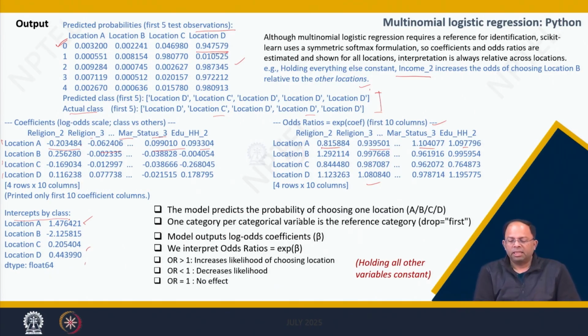Using these results, we can compare the odds of getting chosen, which location gets chosen, and which parameters influence which choice, right? So the model predicts the probability of choosing one location, A, B, C, D, and one category per categorical variable is the reference category. Whenever we use categorical variables, we do not take all of them; one is dropped, so that becomes the reference for that variable. If there is male and female, we drop female, so whatever is predicted is for male, and the opposite is true for female.